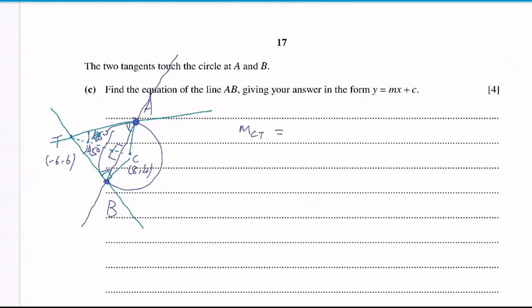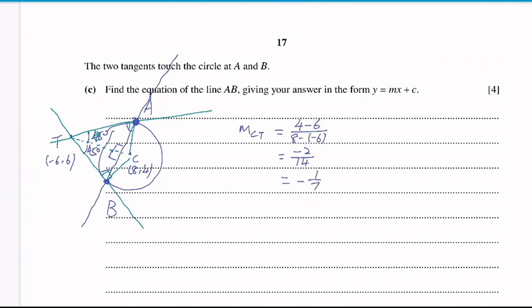So the gradient of CT that we have here, we can use 4 minus 6, and then 8 minus negative 6 here, which is negative 2 over 14, which is negative 1 over 7.